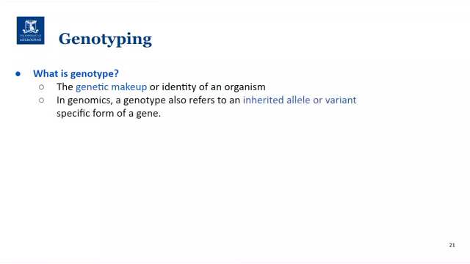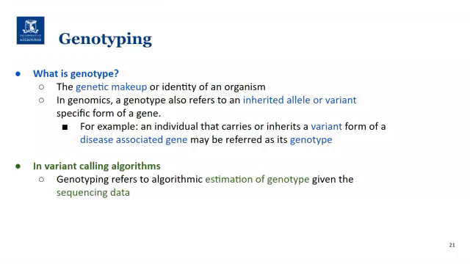For instance, an individual that carries or inherits a variant from a disease-associated gene, we can call that a genotype. Okay? And in variant calling algorithms, genotyping refers to the algorithmic estimation of genotype given sequencing data. So looking at our reads and our alignments, what genotype we have.